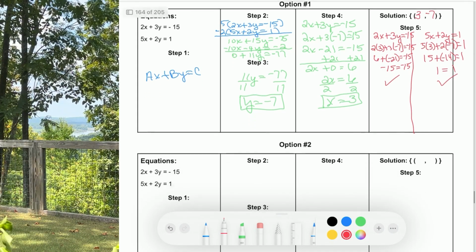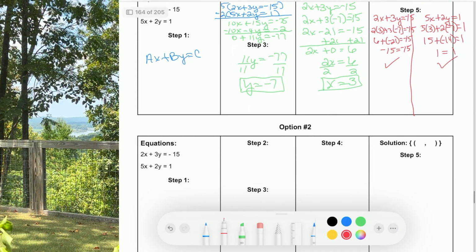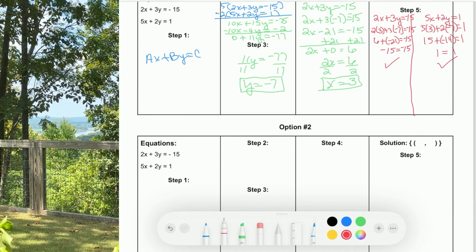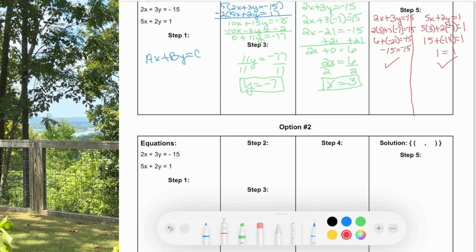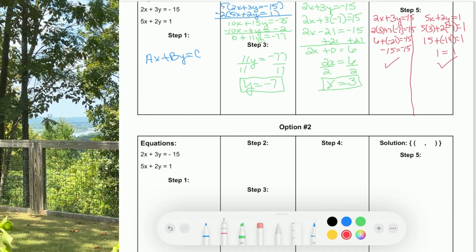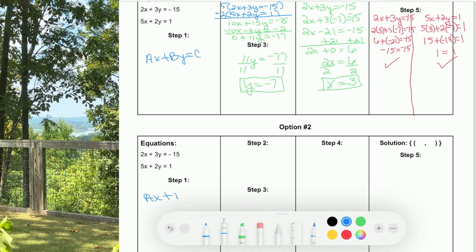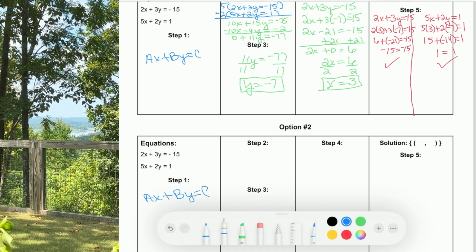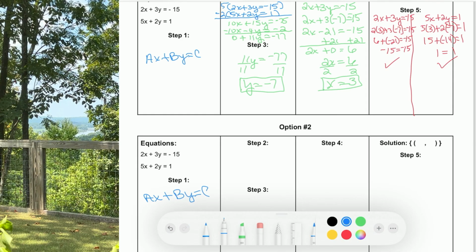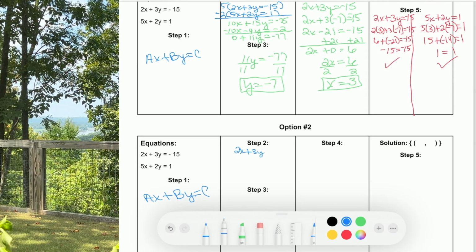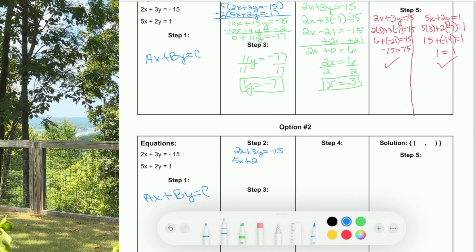All right. Now let's go to option 2. Because I said I wanted to show you, well, what if we had chosen to cancel out our y's first rather than our x's? So again, we don't have to do step 1. They're already in this format, so we don't have to worry about that. Let's go ahead and write over here our equations. 2x plus 3y equals -15. 5x plus 2y equals 1.